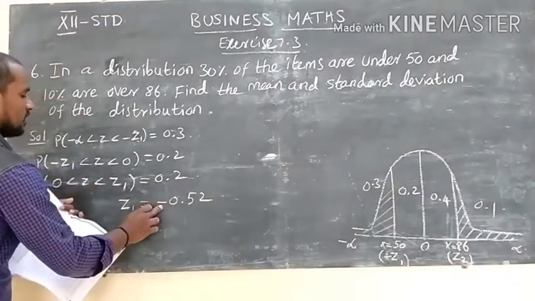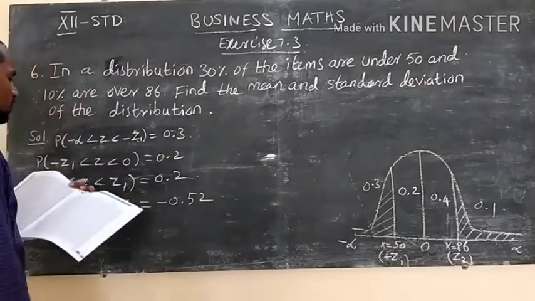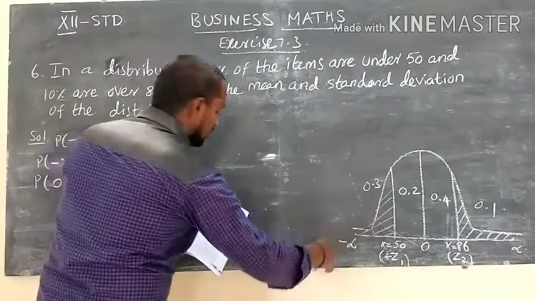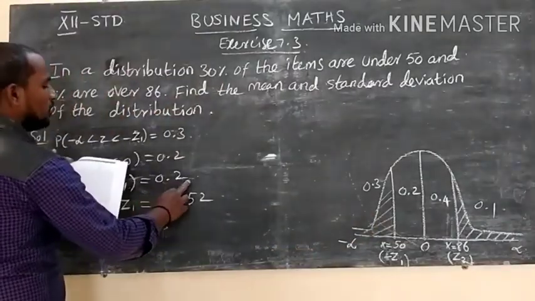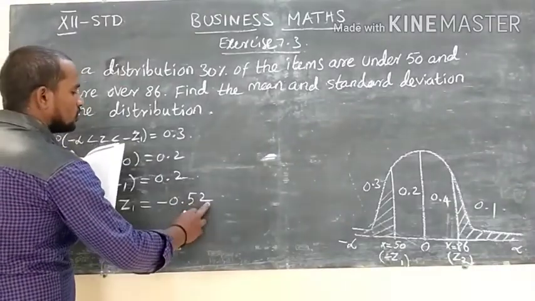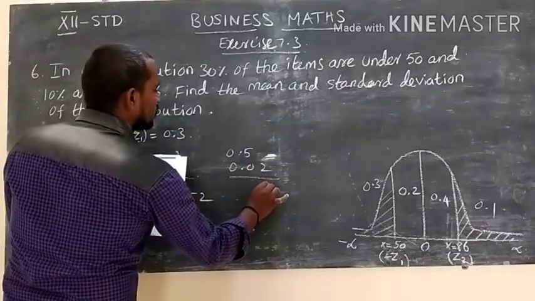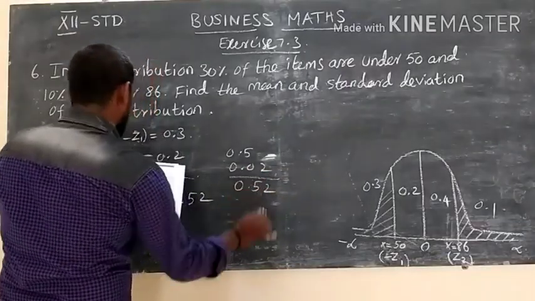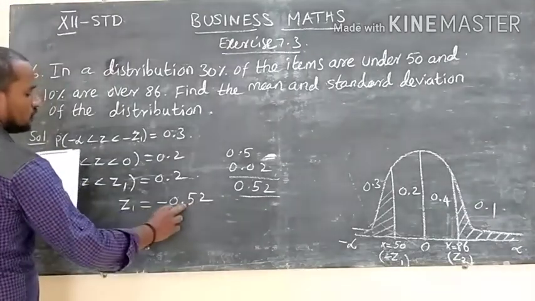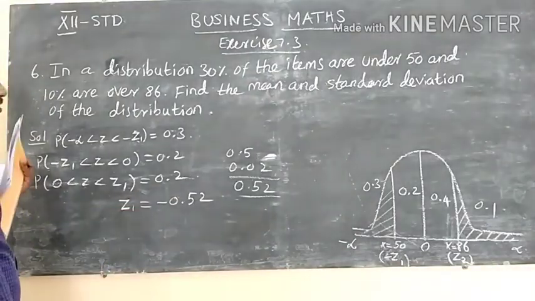The minus is mentioned, so Z1 is negative, on the left hand side of the origin. So the sum of these two values 0.5 and 0.02 is 0.52. It is minus because Z1 is on the left hand side of origin.